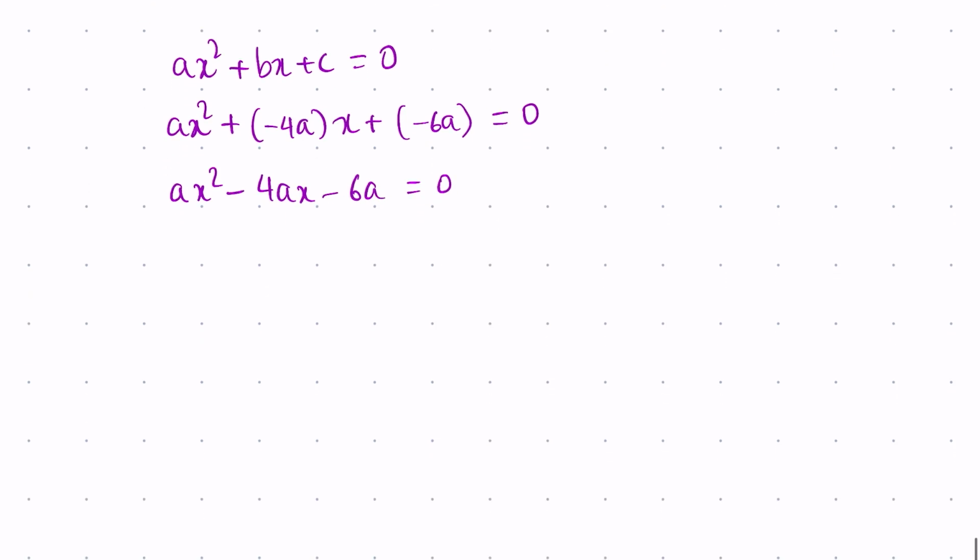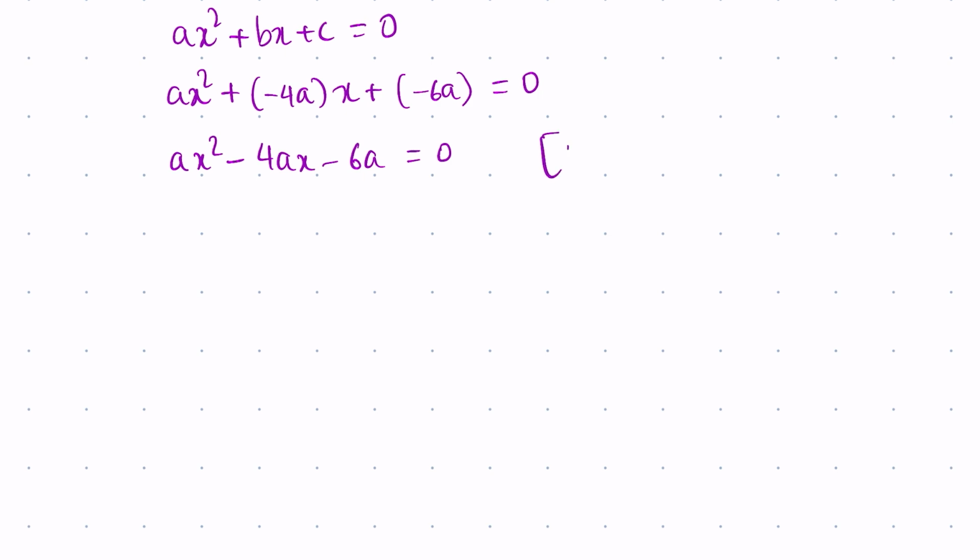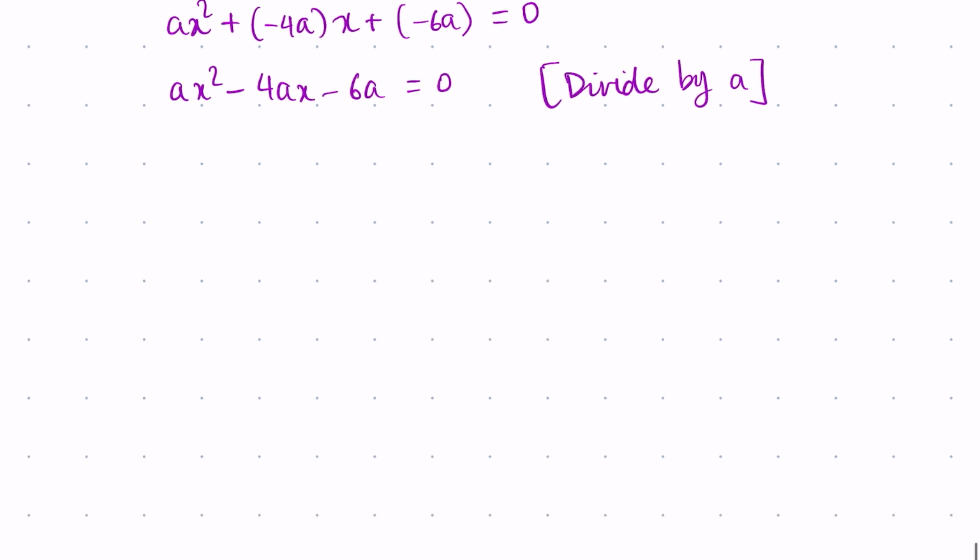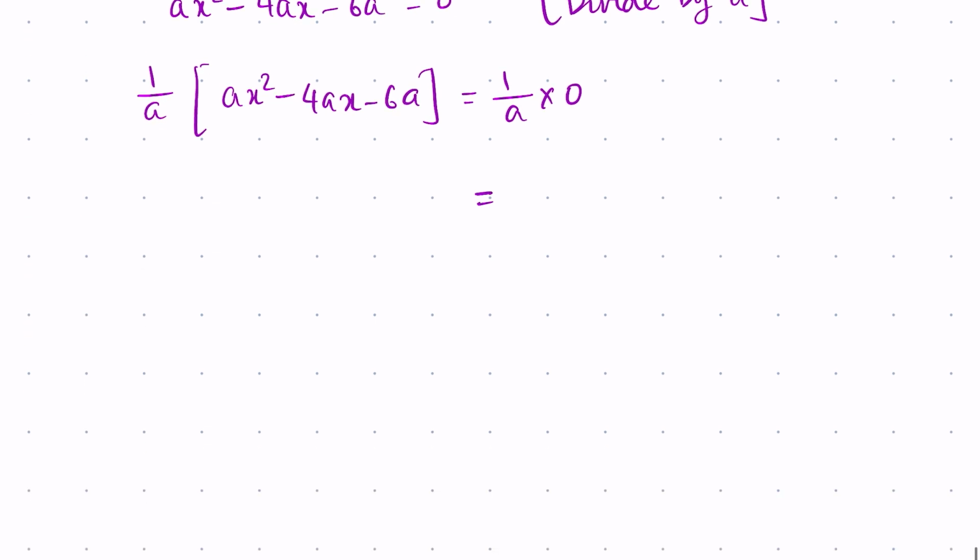Now we divide the equation by a. If we divide the equation on both sides by a, so 1 by a times (ax squared minus 4ax minus 6a) is equal to 1 by a times 0. Well, the right hand side is just 0.